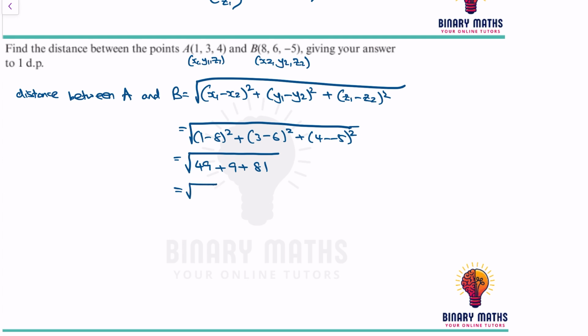It is equal to the square root of 139. I put that into my calculator, I get 11.7898, which to one decimal place is 11.8.